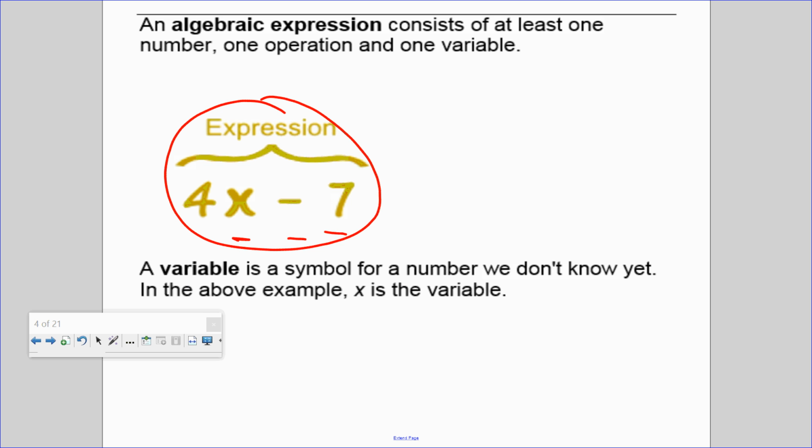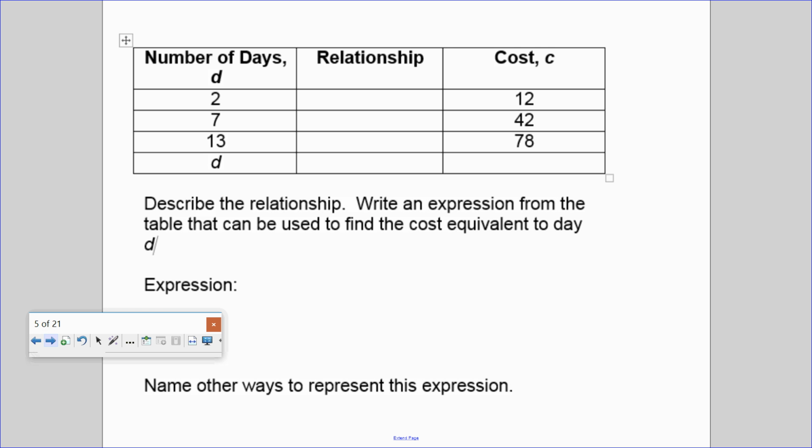In the above example, x is the variable. We've been learning things like x plus 6, where x is the variable. Y equals x plus 6, where x and y are the variables. 5m, 5 times m, m is the variable. It's a number we don't know yet.